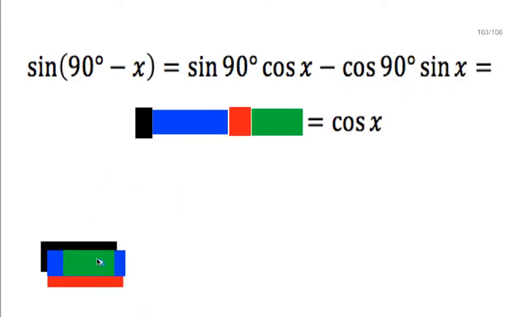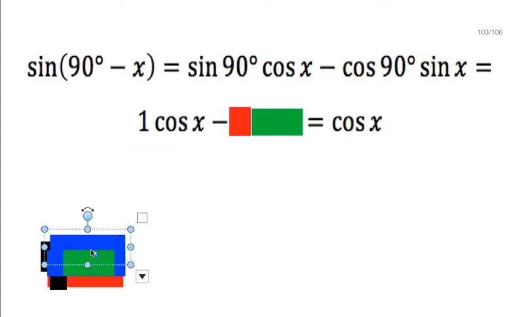Now we're going to need to pull out our trig table, and hopefully you will have it with you on the test tomorrow. It'll help tremendously. And we know that sine of 90 degrees can be replaced with a 1. And we're not going to do anything with cosine x. That's just going to stay cosine x.